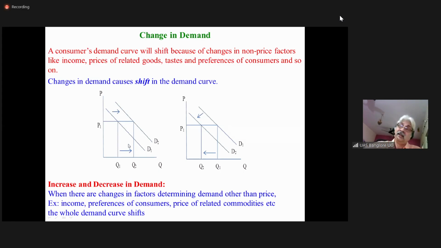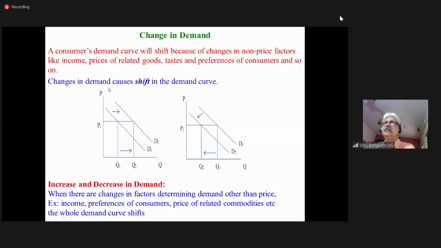Whereas if the consumer starts liking a particular sweet, and he asks his wife or mother to prepare that particular sweet frequently in the house, then his demand for sugar increases, even though the price of sugar in the market remains the same, because that particular sweet that he likes is prepared very frequently in the house. This is for the individual.